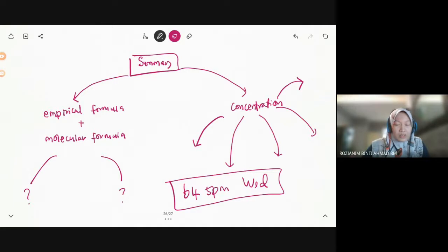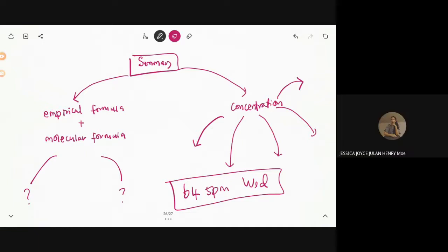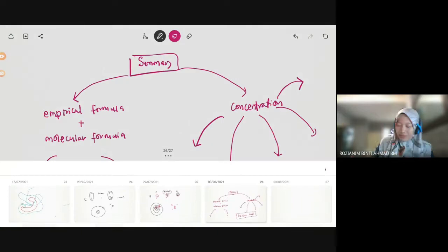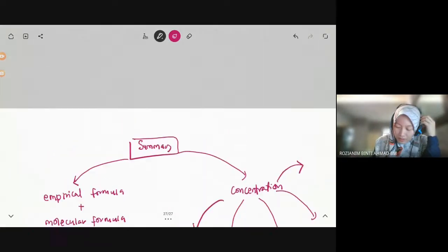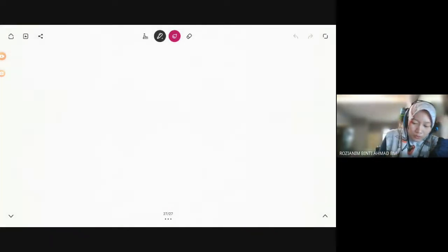Ada soalan nak tanya? Tak ada, madam. Madam, can you repeat again how to find the volume of solution? Okay, macam mana saya nak repeatkan volume solution. Tadi mass solution adalah addition between mass solute tambah mass solvent.